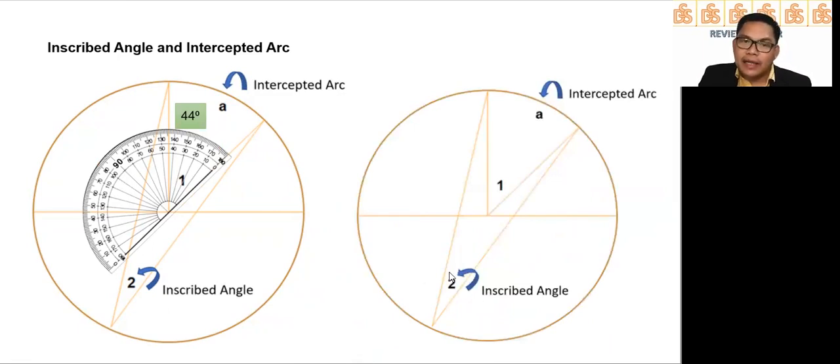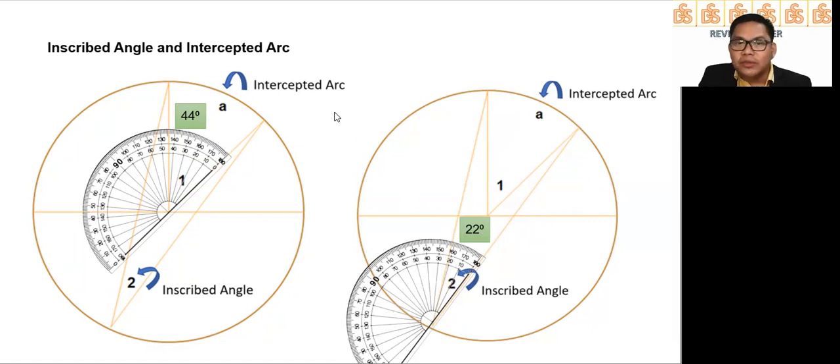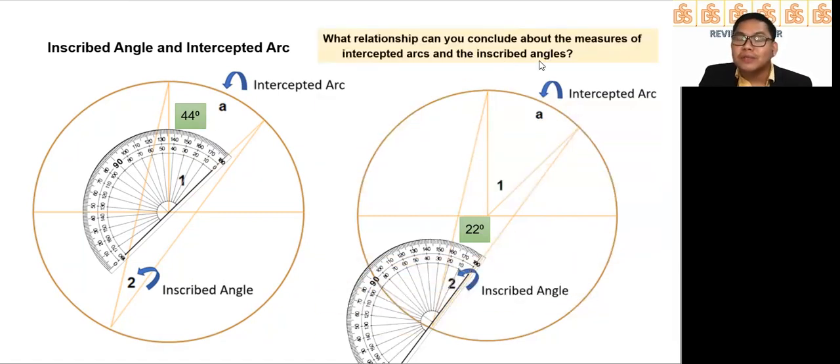Let's see the measurement of angle 2 using the protractor. It's 10, 20, around 22 degrees. So now arc A is 44 degrees and angle 2 is 22 degrees. The question is, what relationship can you conclude about the measures of intercepted arcs and inscribed angles? Can you see any connection? This is 44 and this is 22.